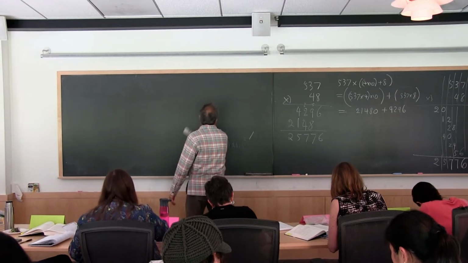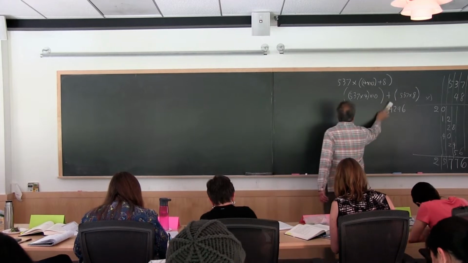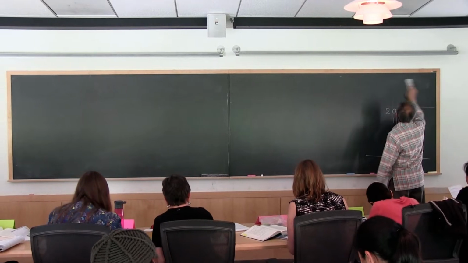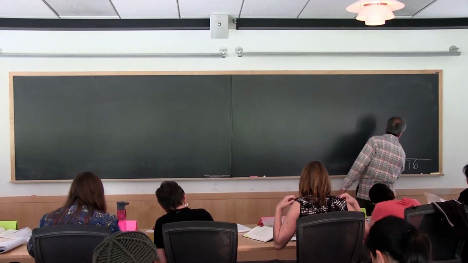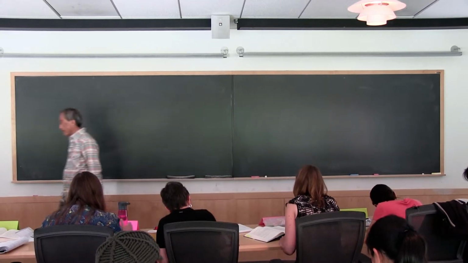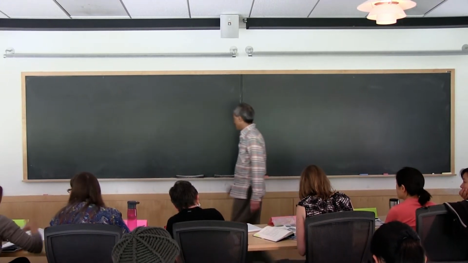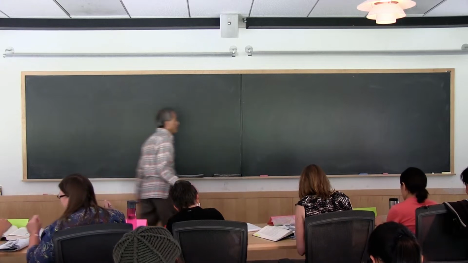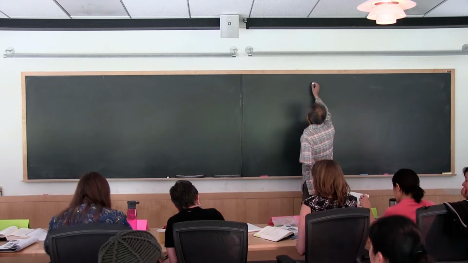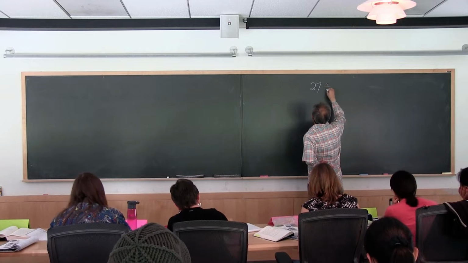All right, I want to do clicker. Are you ready, Winnie? Okay. I consider 27 divided by 8.